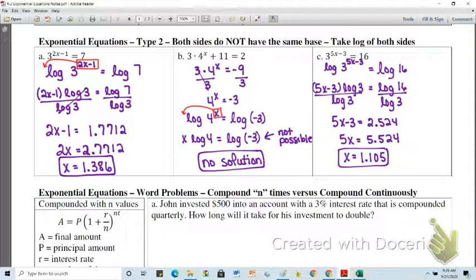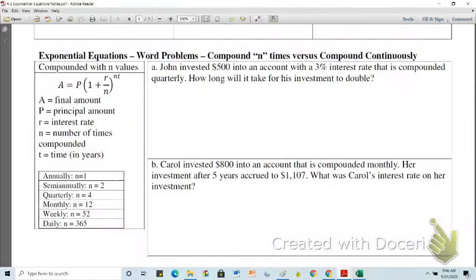From here, we have compound interest to talk about. And then we are going to be done for today. So today we're going to be talking about compound interest.